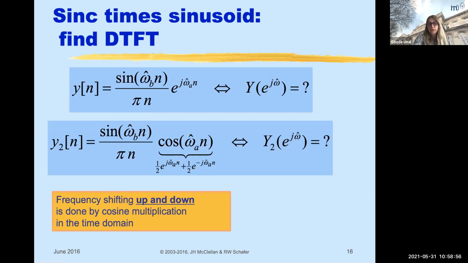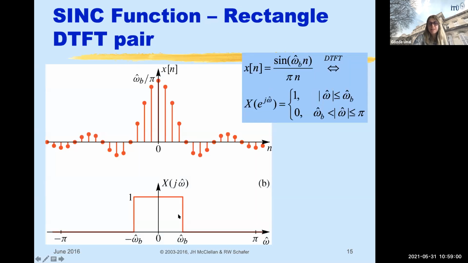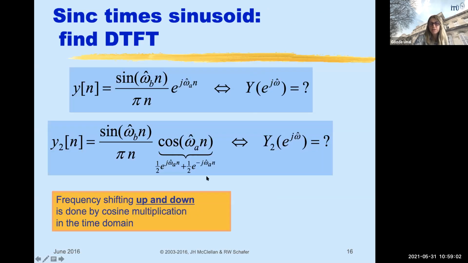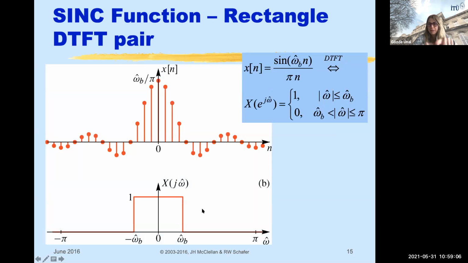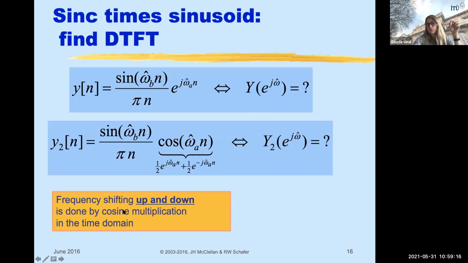So the sinc had this Fourier transform. Now the Fourier transform of this signal will be the rectangle shifted to minus and plus omega hat A, and multiplied by 1 over 2 also. That's it.